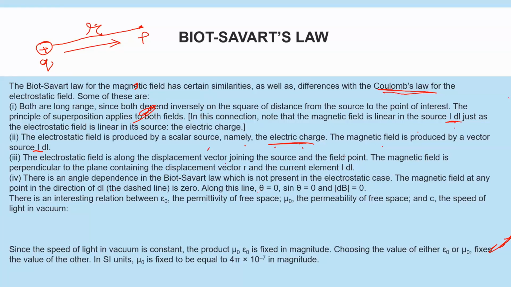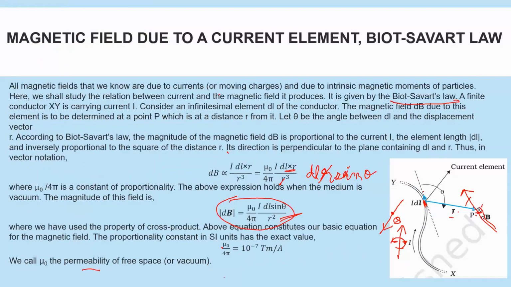Along this line, theta is equal to 0, sine theta is equal to 0, and that is why the magnetic field would be 0. This is the direction of dl, the line element, and along this, as you see, this is the theta.